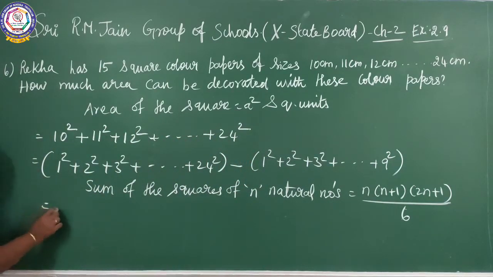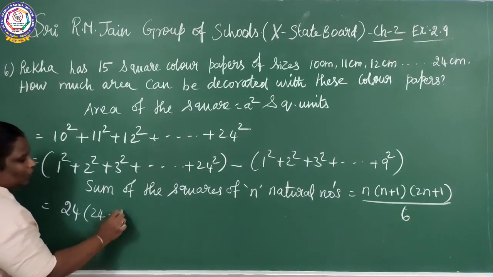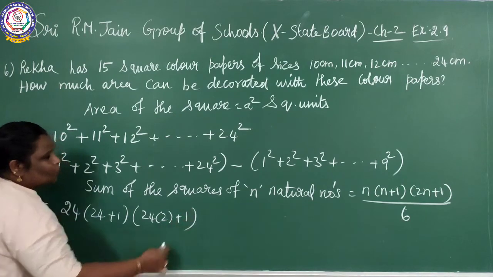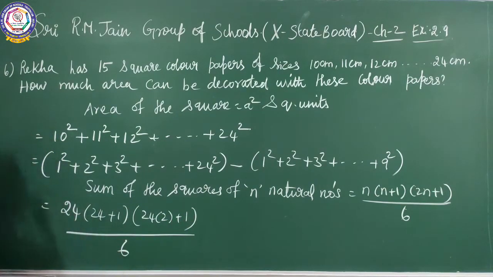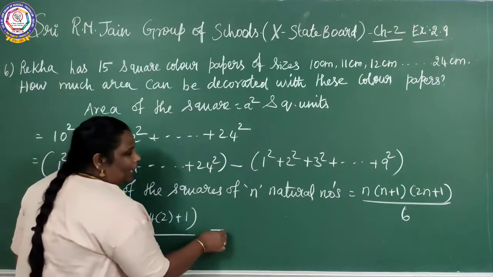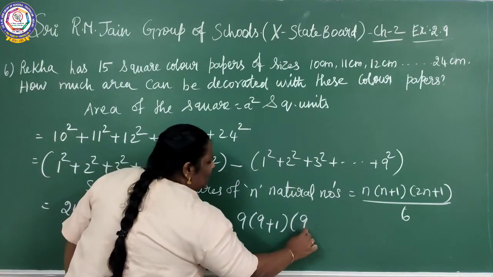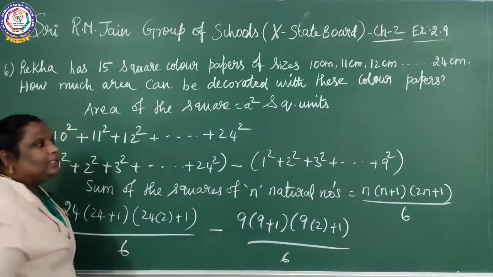So n value is 24. So 24 into 24 plus 1 into 24 into 2 plus 1 by 6 minus 9 into 9 plus 1 into 9 into 2 plus 1 by 6.